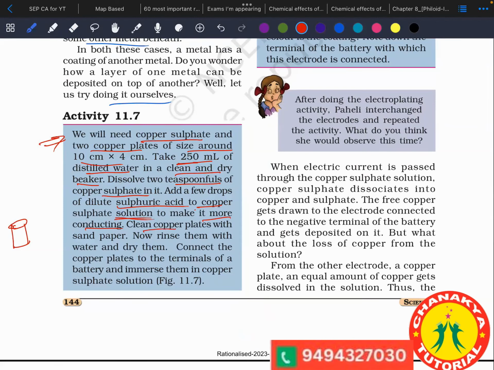Clean the copper plates with sandpaper. Again, we are using sandpaper to make the surface smooth and remove all kinds of impurities present on the surface. Now rinse them with water, which actually means making them wet with water, and dry them. What is the meaning of rinse?